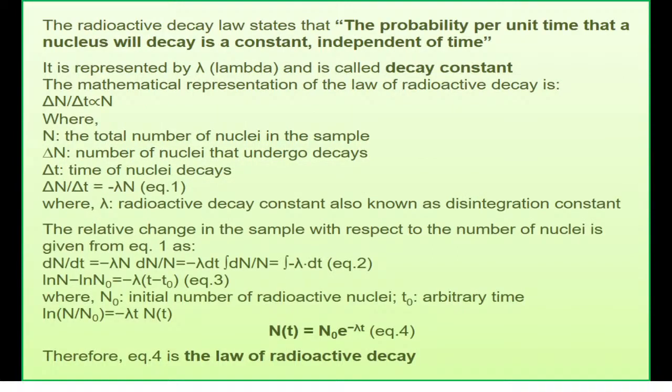So here you can see how the radioactive decay law can be derived. What is the idea of that law? To show the change of the number of radioactive element nuclei with time.